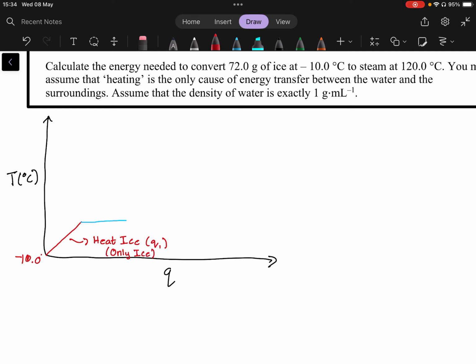So it's only heating of ice. The ice is only taken from minus 10 degrees Celsius to its melting point. And what is its melting point? Well, melting point of ice is 0 degrees Celsius. And at that point, we have 100% solid, but by adding more heat, we'll eventually end up with a liquid.